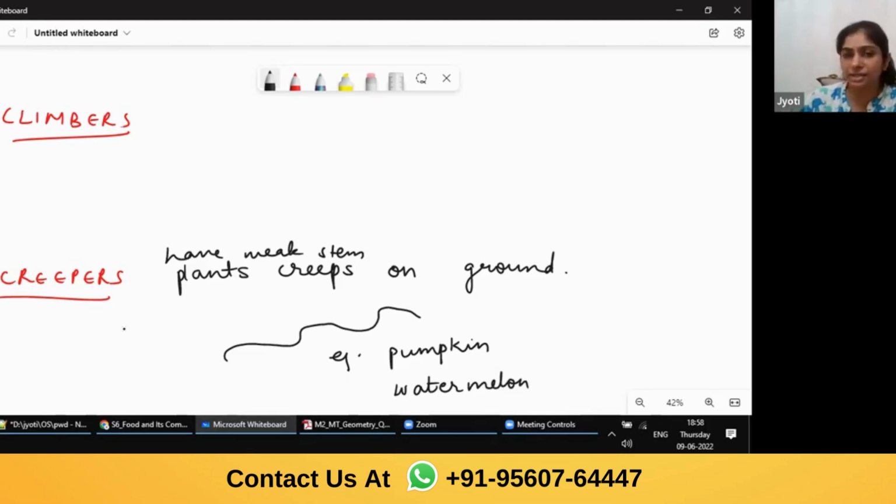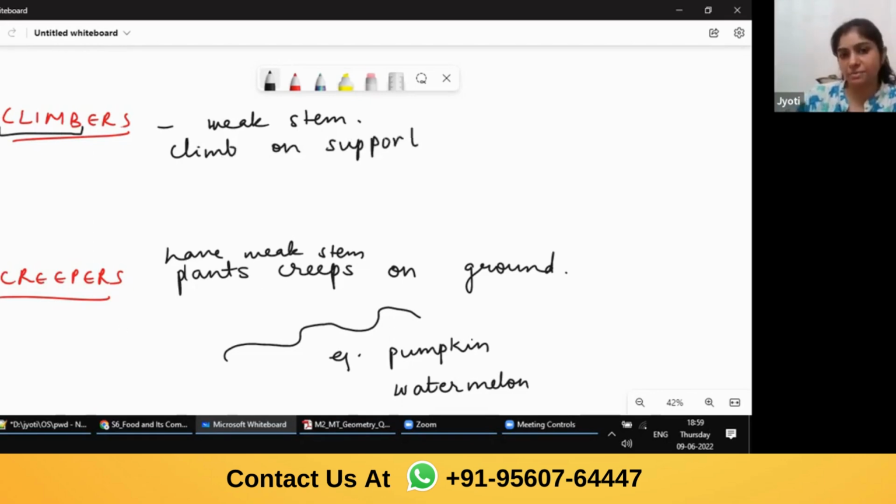Coming to climbers, as the name suggests, they also have a weak stem. Climbers climb like a lizard climbs on the wall. In the same manner, these plants require some support. And when they get any support, they start climbing on the support.